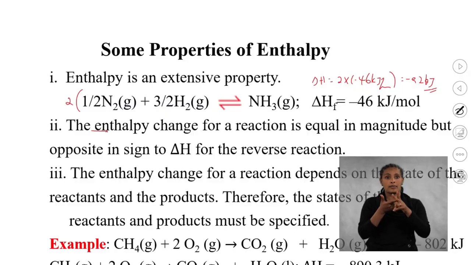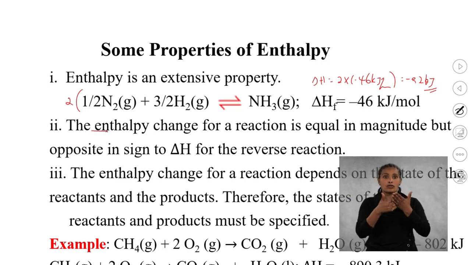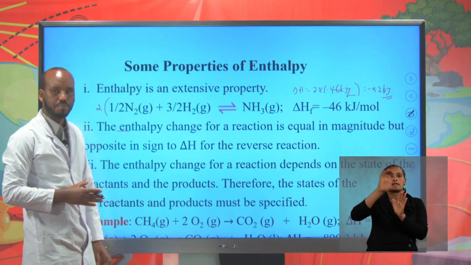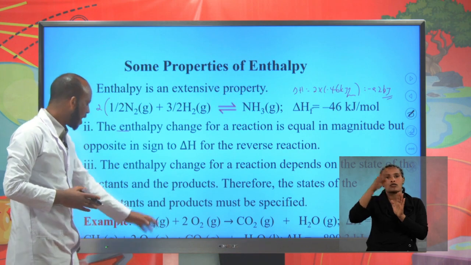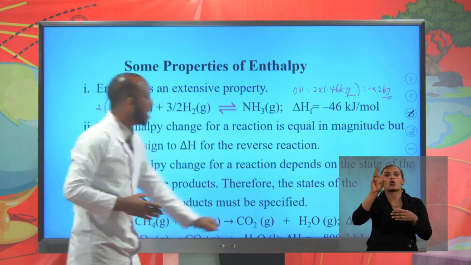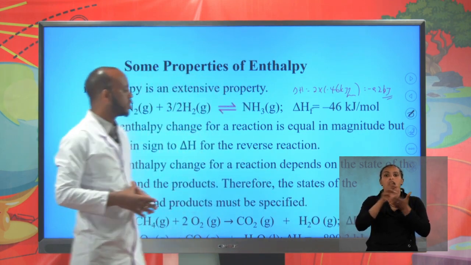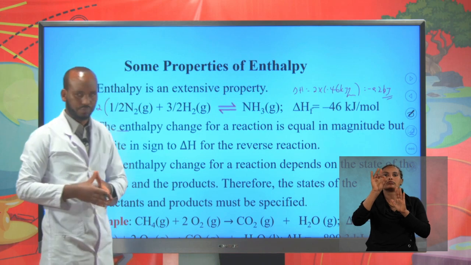3. The enthalpy change for a reaction depends on the states of the reactants and products. Therefore, the states of the reactants and products must be specified. For example, combustion of methane: CH4 gas plus O2 gas gives carbon dioxide gas plus water gas. Delta H for this reaction is minus 802 kilojoule.